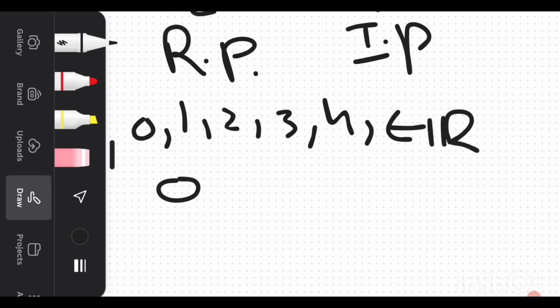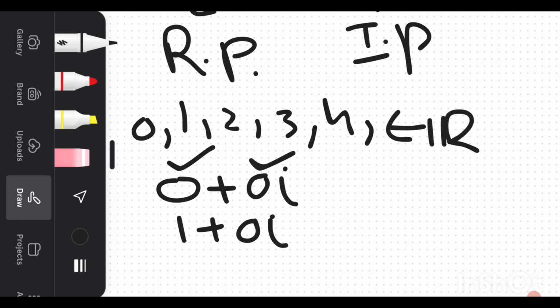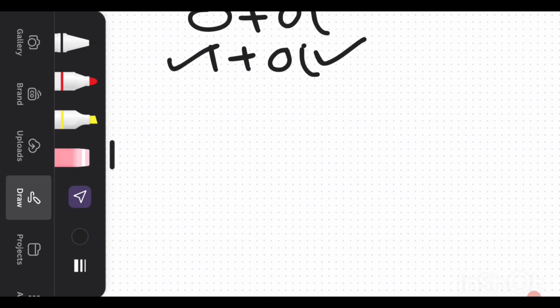How? Because 0 is 0 plus 0 iota. This is its real part, this is its imaginary part. Similarly 1 is also a complex number because 1 is 1 plus 0 iota. So every real number is a complex number.